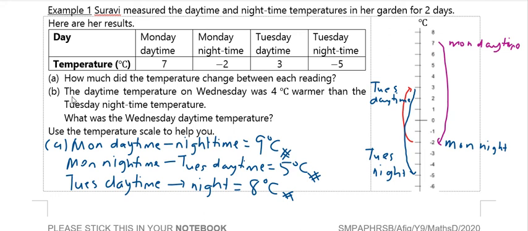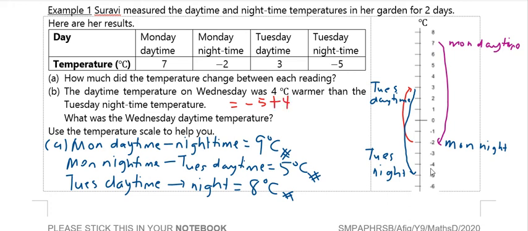and you find the difference. For part B, the daytime temperature on Wednesday was 4 degrees Celsius warmer than the Tuesday nighttime temperature. You can straight away just use calculation. Tuesday nighttime is -5, and then warmer by 4 degrees Celsius, you just add 4.